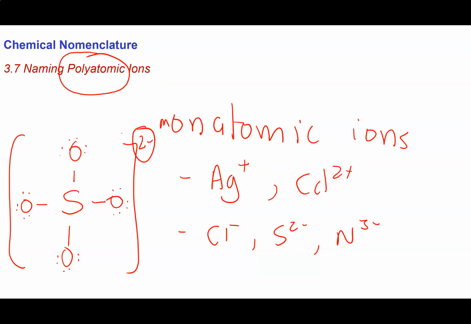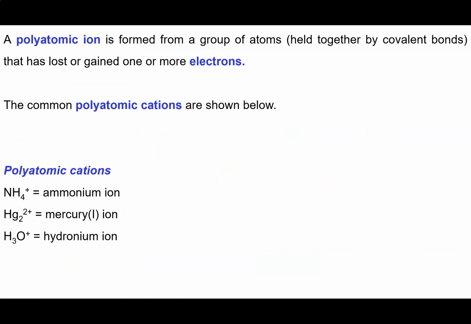If the group of atoms has gained some electrons, they'll have a negative charge, and if the group of atoms has lost some electrons, they'll have a positive charge, just like monatomic ions. So, a polyatomic ion is formed from a group of atoms held together by covalent bonds that has lost or gained one or more electrons.